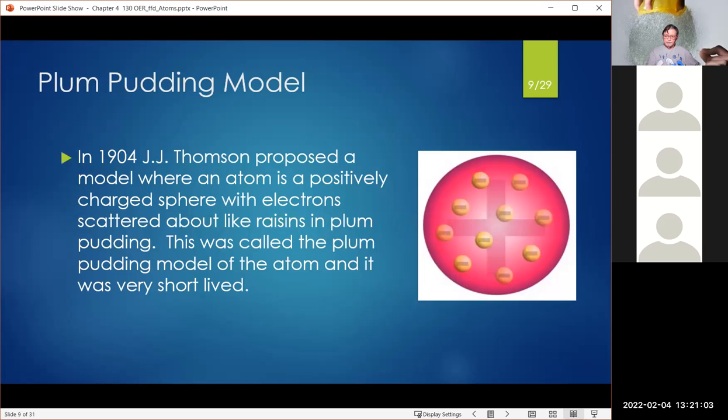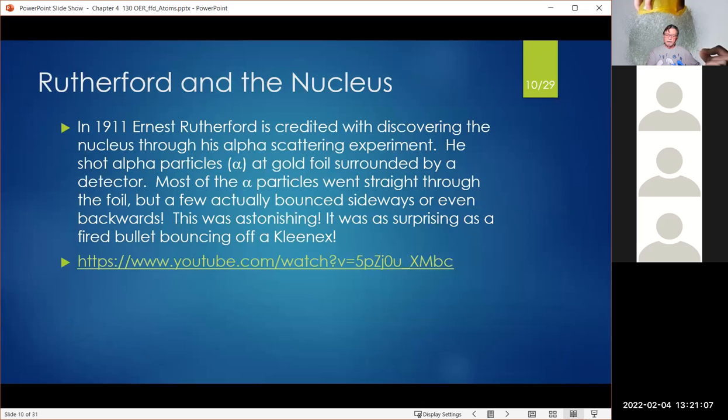So notice JJ's 1904. Now here comes another English scientist, Ernest Rutherford. And he worked with what were called alpha particles. Now, the thing about alpha particles, they are much, much bigger than the particles seen here, okay?